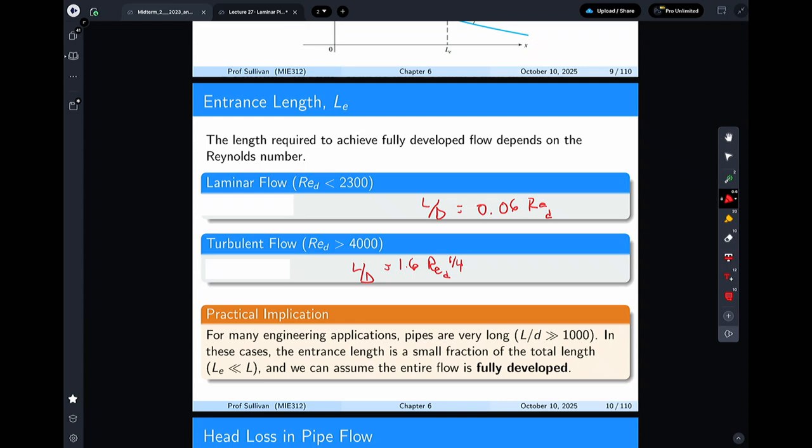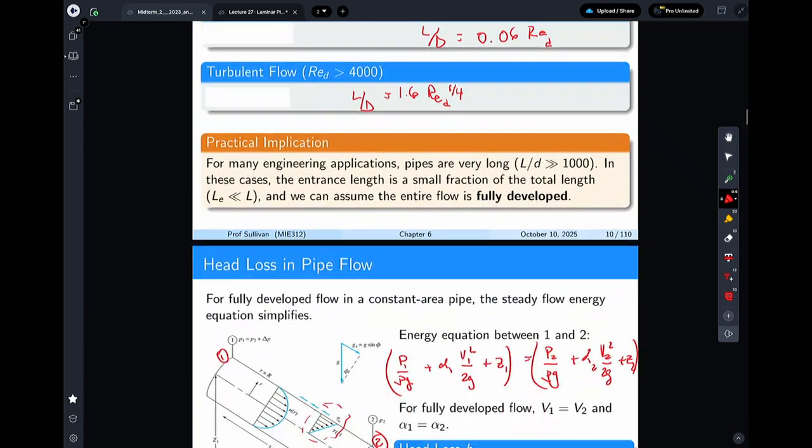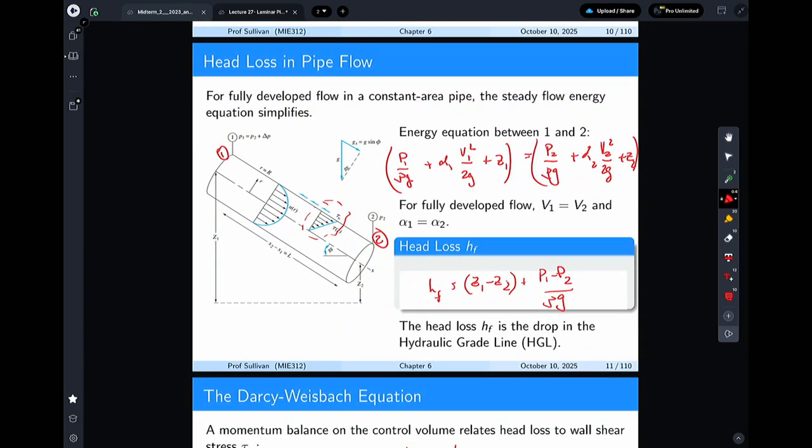What I hope to cover in the next lecture is how to apply these ideas that there's a friction loss, and that friction loss is definable in terms of shear stress that's driving it. Friction is really associated with what's happening at the wall. And it's also measurable in the sense that if I know what the height difference is, I know what the pressure difference is, and usually I don't worry about velocity, I'm going to end up with this relationship.